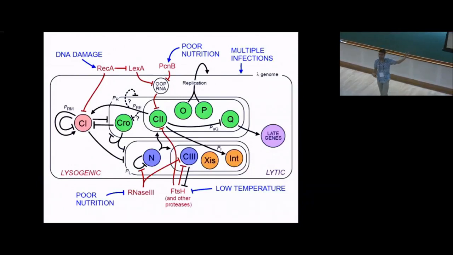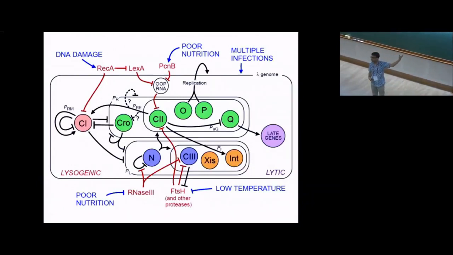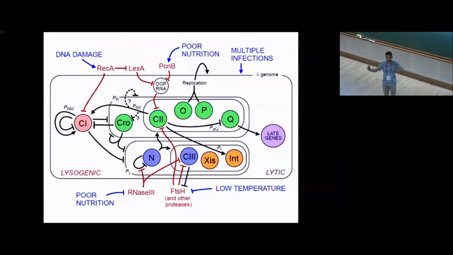So some of the complexity of this regulatory network might simply be because it has to deal with all these signals and make sure that, if that signal comes in, I better go more often into the lytic pathway, or if that signal comes in, I better go into the lysogenic pathway, and so on. So some of the complexity could be that.